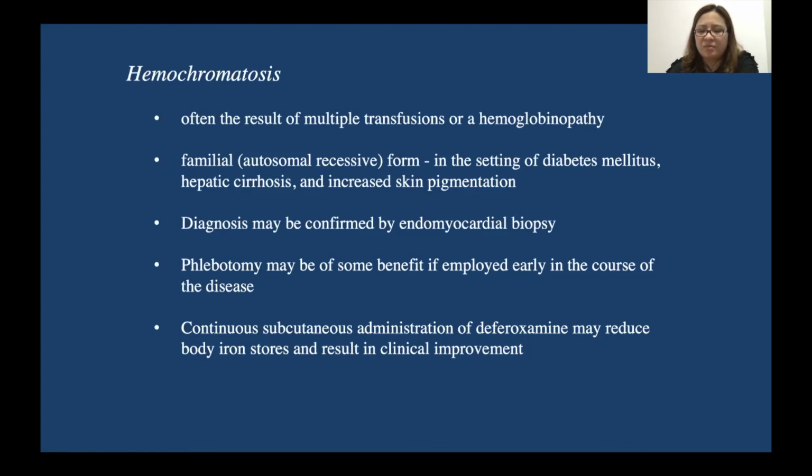Diagnosis is confirmed by biopsy of the endomyocardium. Phlebotomy may be of some benefit if employed early in the course of the disease. But the treatment lies on the administration of deferoxamine subcutaneously, which reduces body iron stores and will result in clinical improvement.